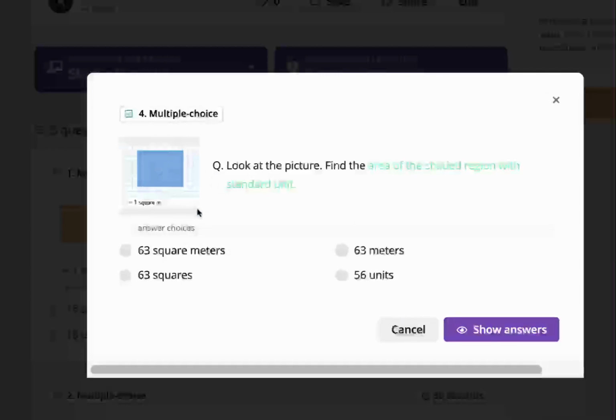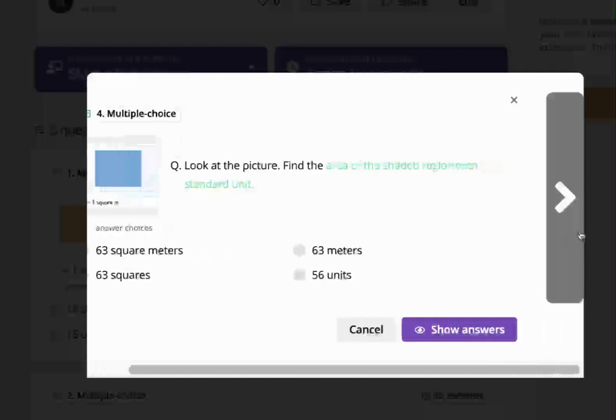Oh, this one is very large. 36 square meters. No, not 36. Why do you see 36? 63, not 36. 63 square meters. Yes, exactly, my hero.